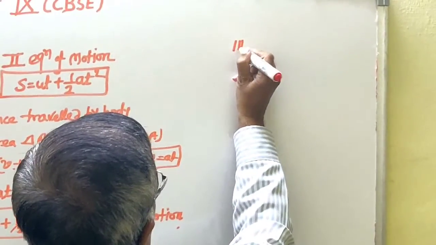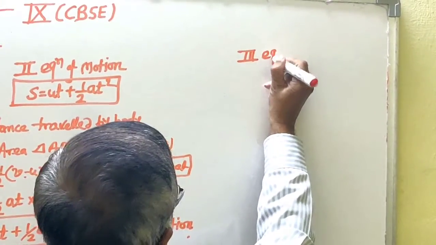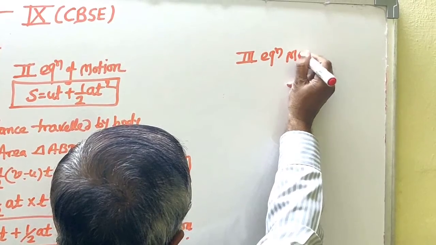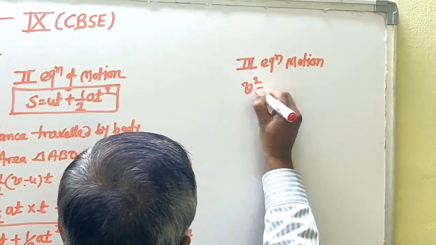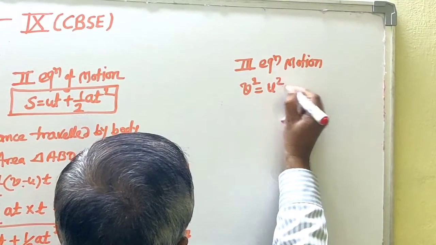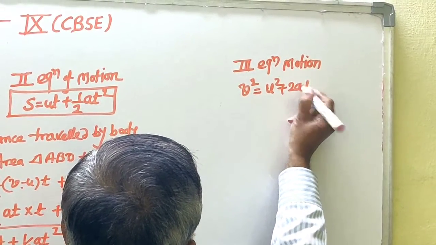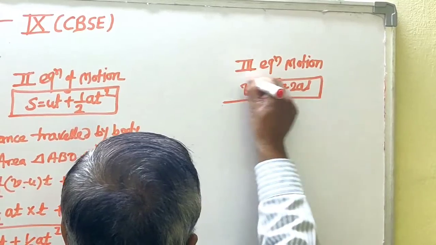The third equation of motion is v square is equal to u square plus 2as. Now I want to prove this one.